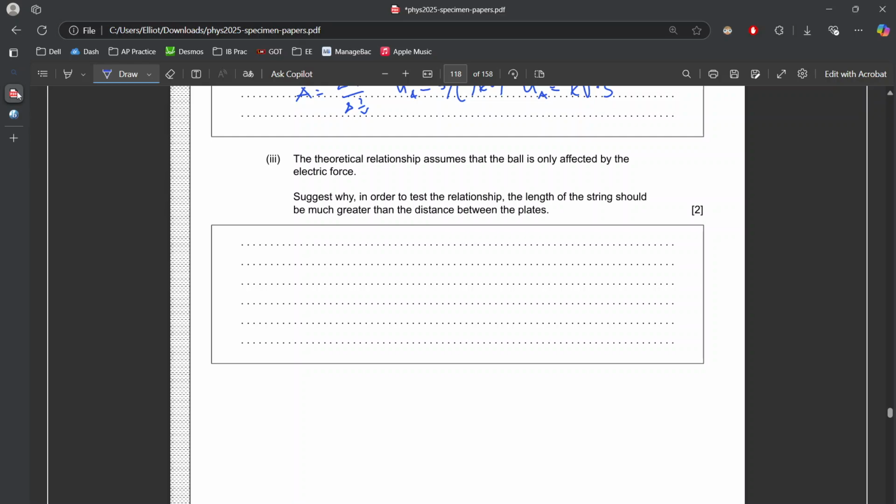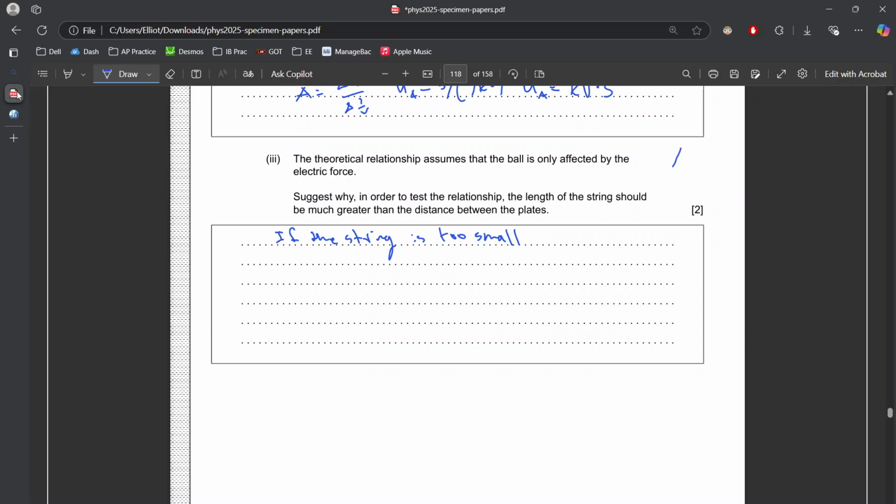Suggest why, in order to test the relationship, the string length should be much greater than the distance between the plates. Because if the string is too small, then what will happen is that it'll be more like a pendulum, right?